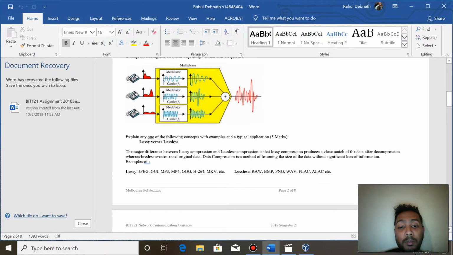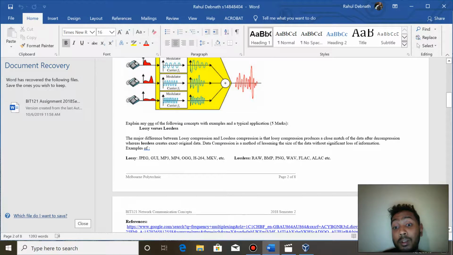The major difference between lossy compression and lossless compression is that the name says it for itself. Lossy means when you compress a file or format into something, you lose some of it. It is usually something that is insignificant, like noise.